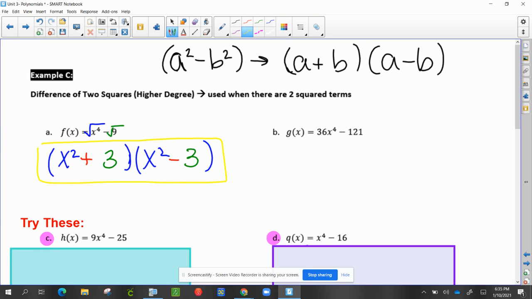Okay, here we go. I'm going to go through one more with you. So 36x squared minus 121. So you notice how those are perfect squares? We can square root both sides. So the square root of 36 would be 6. Square root of x to the fourth is x squared.